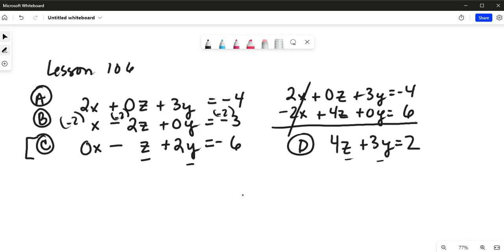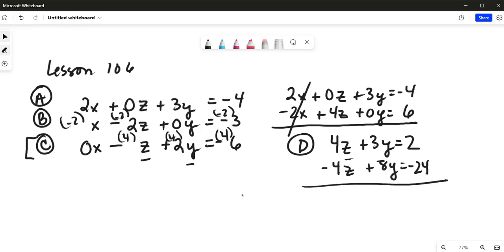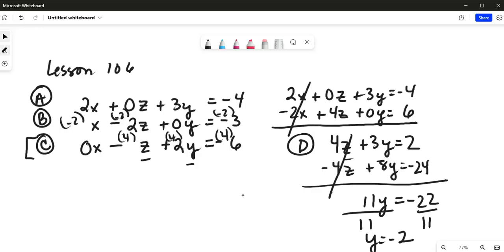We're going to have to multiply this by a 4 in order to eliminate it. So that's going to be -4z plus 8y equals -24. Adding, 8y plus 3y is 11y equals -22. So here y is equal to -2.